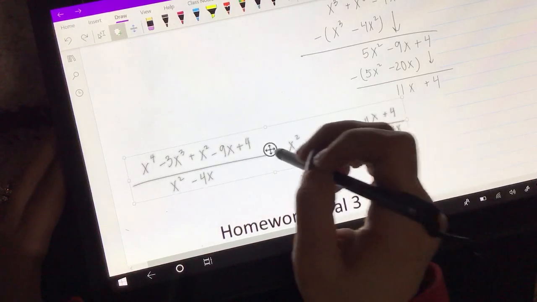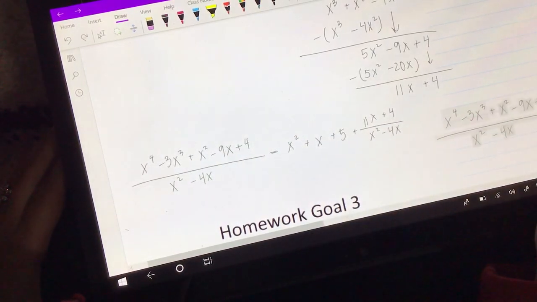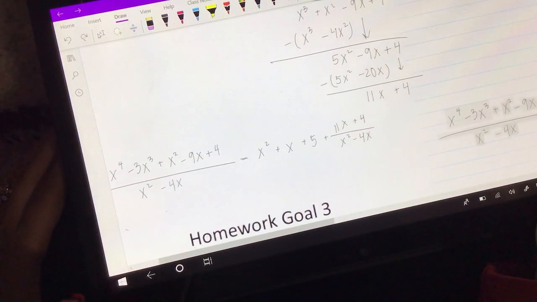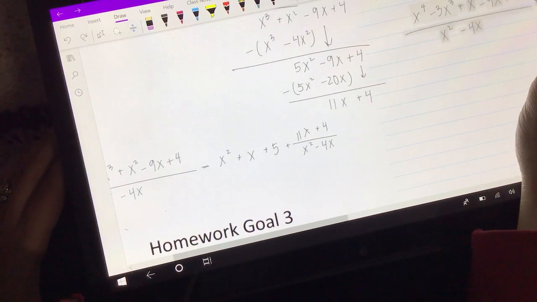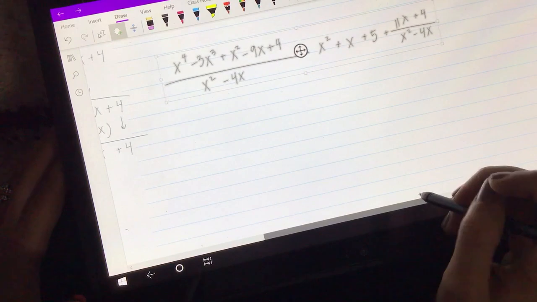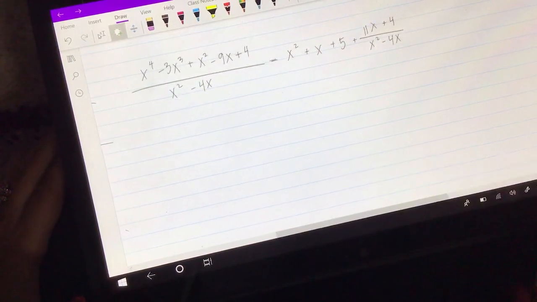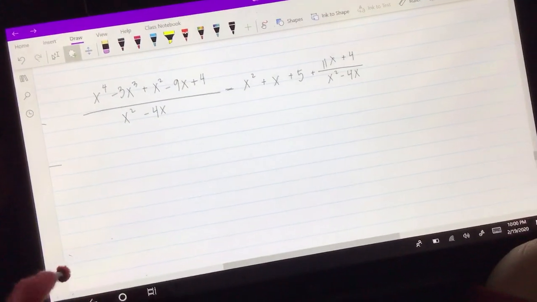Last try. Come on. There we go. All right, let's give some space over here. All right, there we go. That was a struggle, but we're ready.